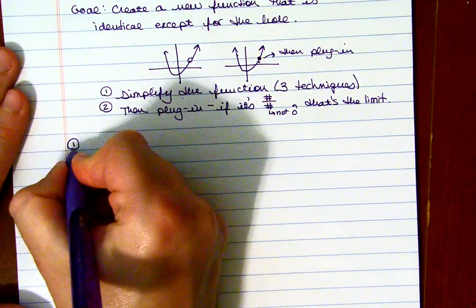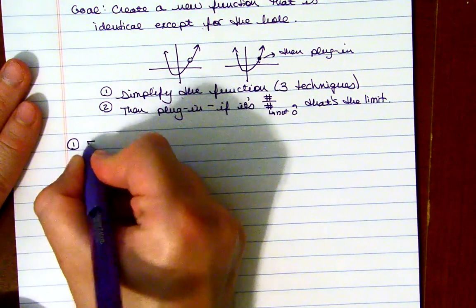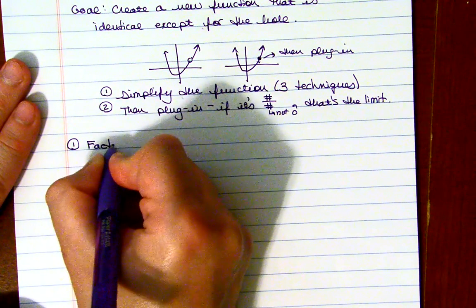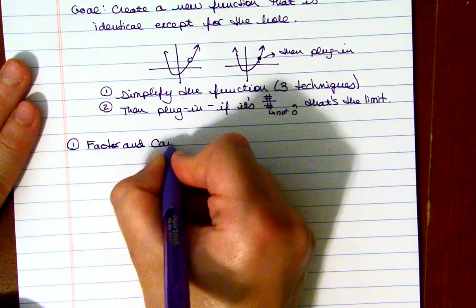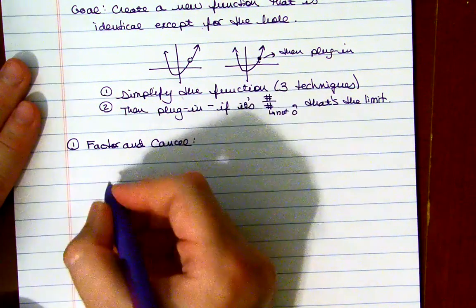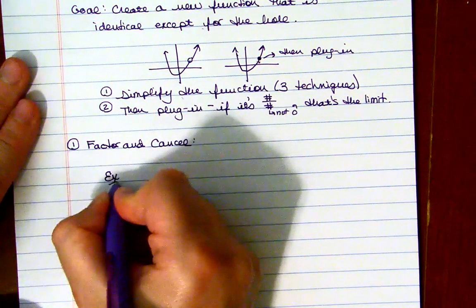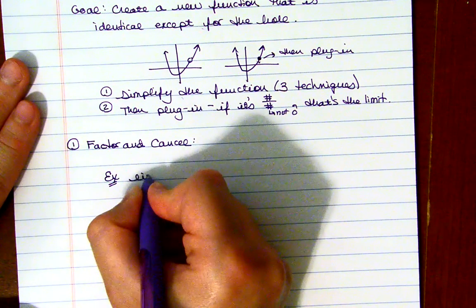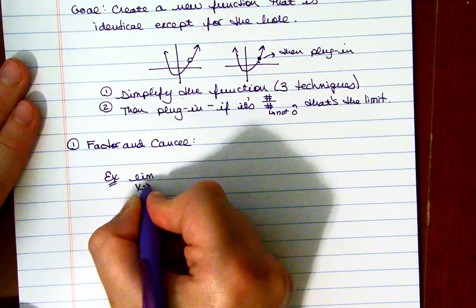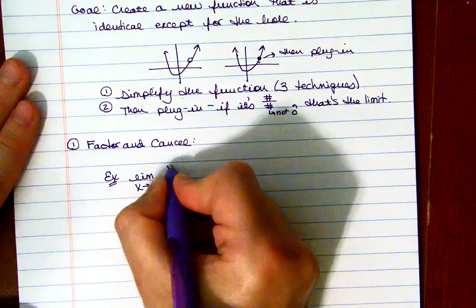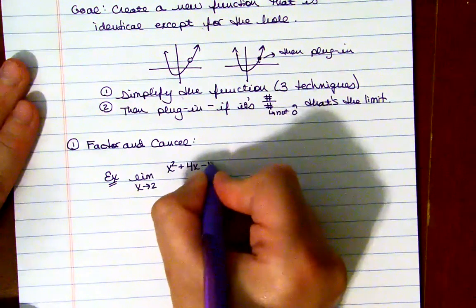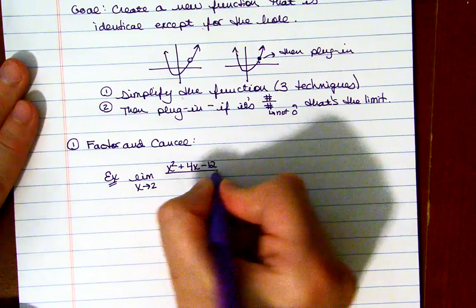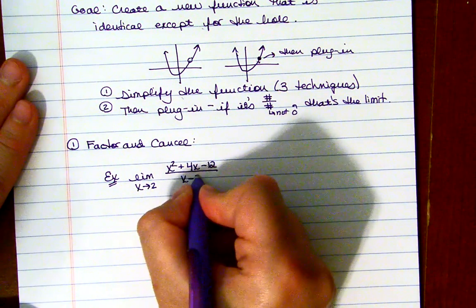Our first simplifying method is called factor and cancel. And for our first example, let's take a look at the limit as x approaches 2 of x squared plus 4x minus 12 over x minus 2.